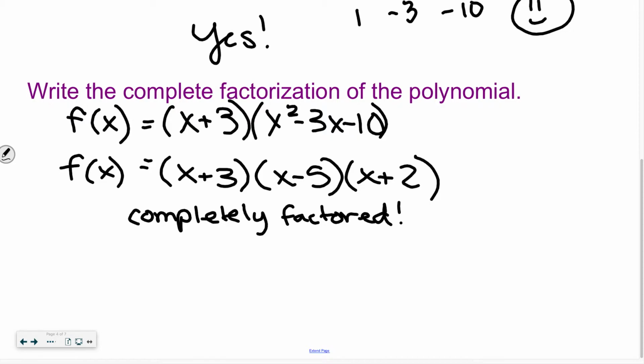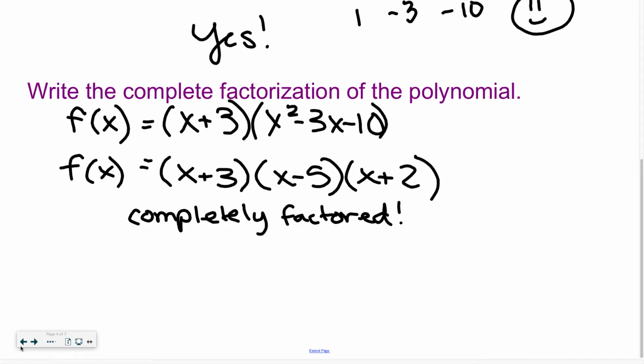Three linear factors to make a cubic polynomial. If I forgot my original factor, I know that I'm only writing a quadratic, not the original f of x. So I add that one back in. Okay. Any questions or clarifications you would like me to make for the factor theorem or remainder theorem?